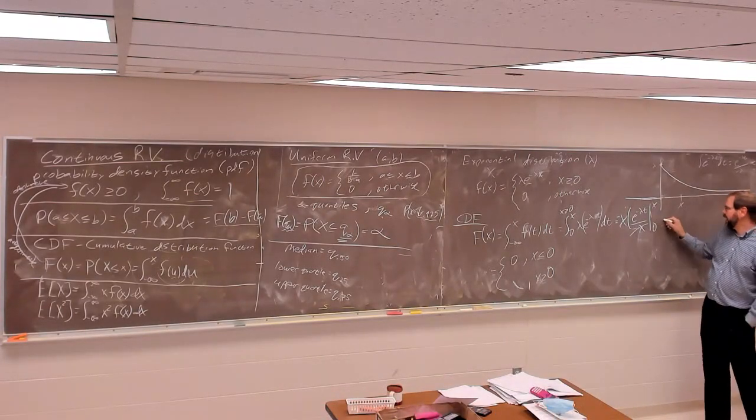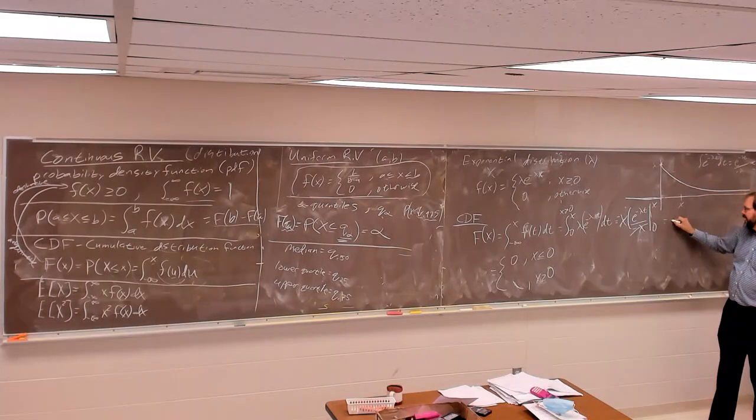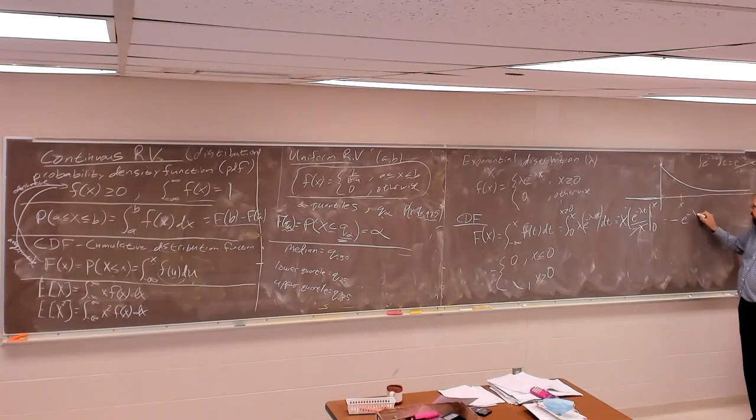And then when I go ahead and plug in x, I'll get negative e to the negative lambda x minus negative, and when I plug in 0, 1. And minus a negative will be plus 1, and so it looks like it'll be 1 minus e to the negative lambda x.